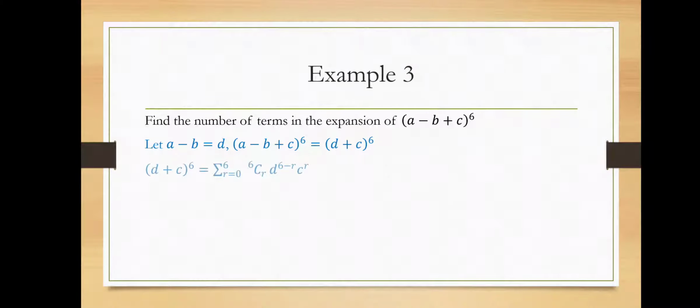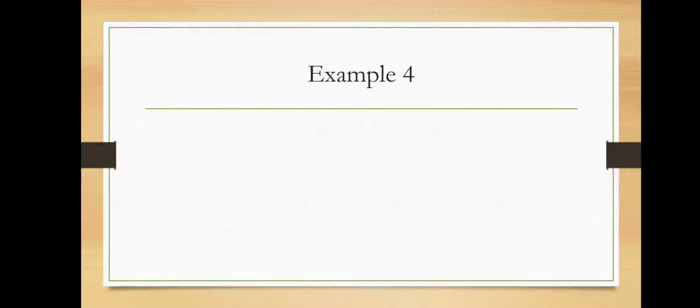Therefore this expansion is going to give you 7 + 6 + 5 and so on till 1, that is 21 different terms. If you don't understand, just try writing it down in your copy. That will give you the idea. Moving on to the next problem, number 4.